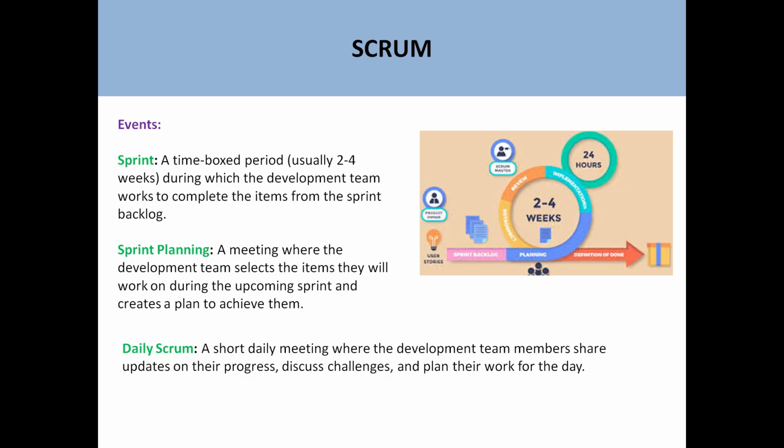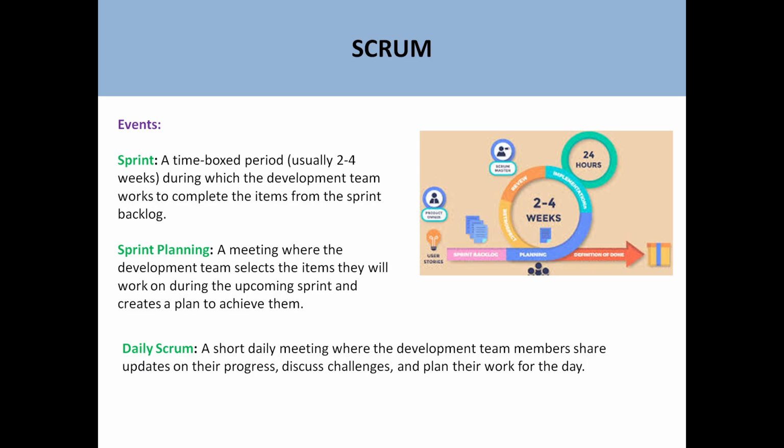Next is the sprint. Sprint is a time box period, normally 3 to 4 weeks, in which the development team works to complete the items from the sprint backlog, like development, testing, deployment, review with the customer, etc. Sprint planning. Sprint planning is a meeting where the development team selects the items they will work on during the upcoming sprint and creates a plan to achieve them.